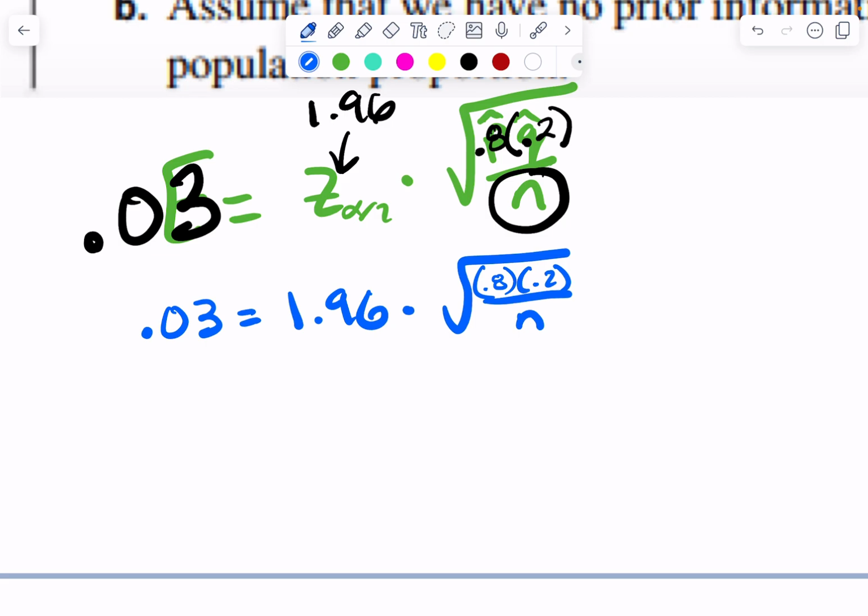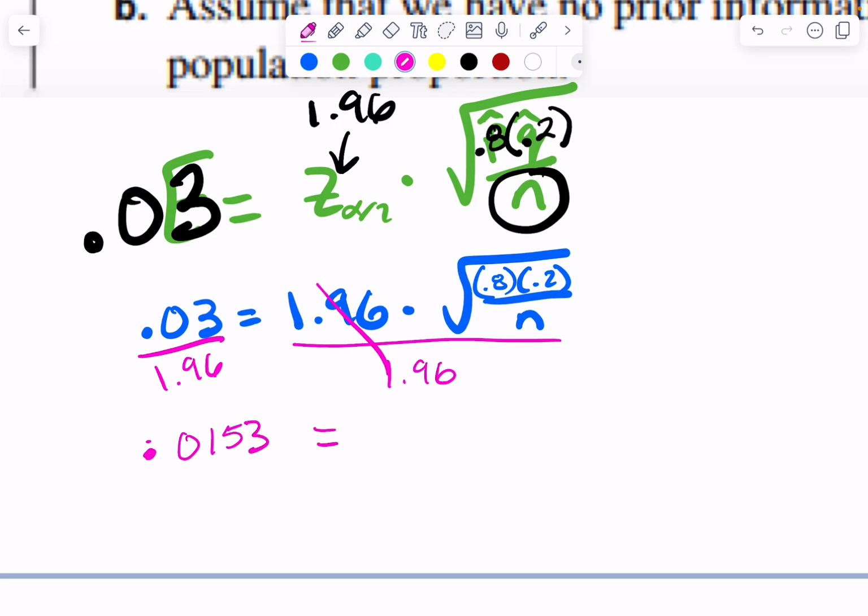All right, so first thing I'm going to do to solve for n is divide by 1.96. I'm going to get him gone, and divide him to the other side. 0.03 divided by 1.96, and I got 0.015, something like that, right? 0.0153 equals the square root of 0.8 times 0.2, which by the way is 0.16.